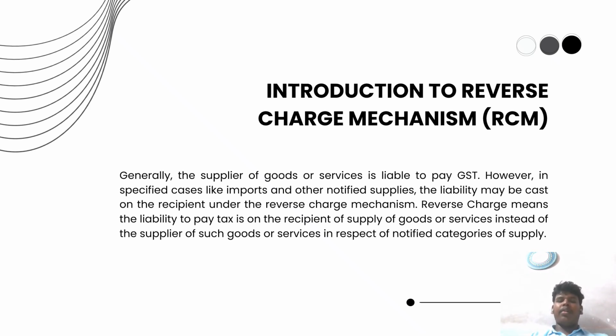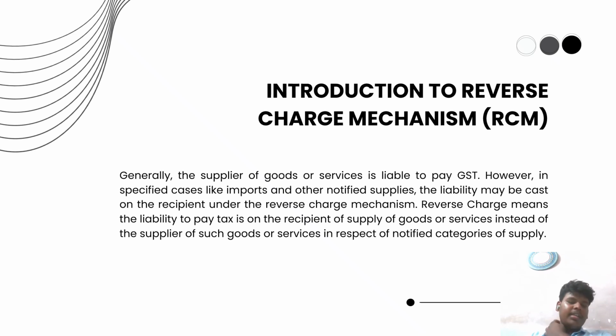Generally, the supplier of goods or service is liable to pay GST. However, in specified cases like imports and other notified supplies, the liability may be cast on the recipient under the reverse charge mechanism. Reverse charge means the liability to pay the tax is on the recipient of supply or services instead of the supplier of goods or services in respect to notified categories of supply.